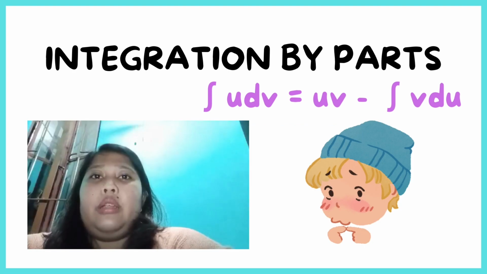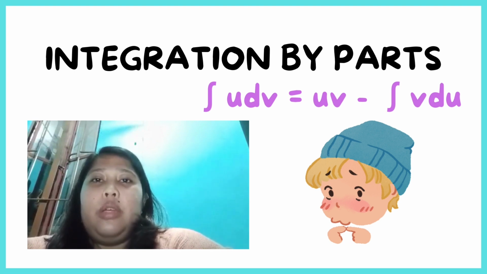You will pick the function in highest order as the dv and let the remaining be the u. Then we will derive u, so it becomes du, and integrate dv, so it becomes v.